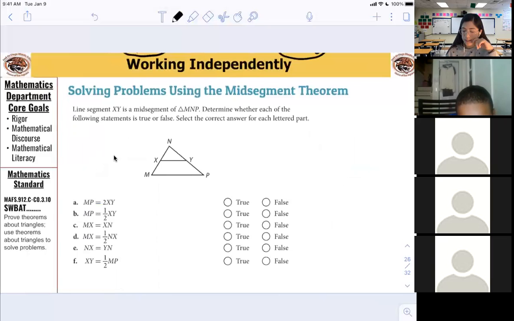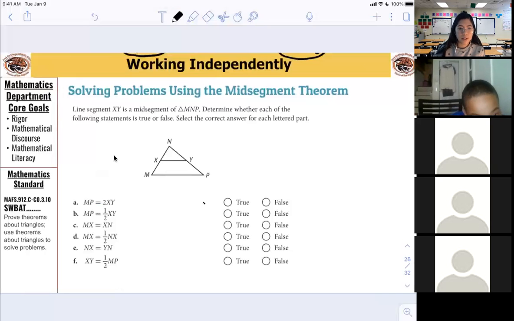We're going to summarize now this mid-segment theorem. Line XY is the mid-segment of M and P. Determine whether each of the following statements is true or false. Select the correct answer for each lettered part. So I have a bunch of different relationships, trying to figure out which ones are true and which ones are false.